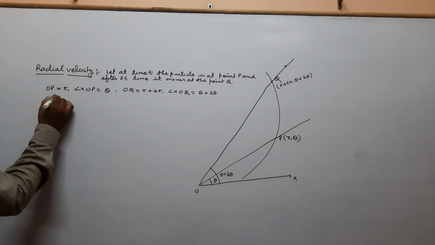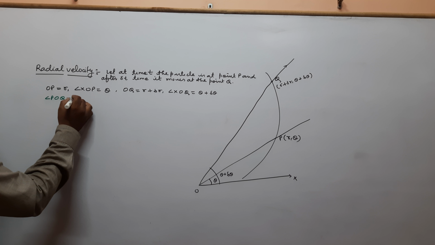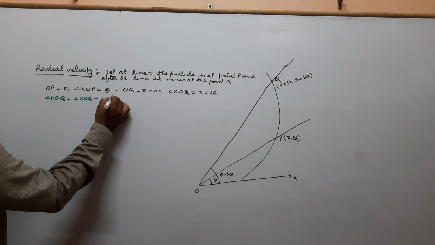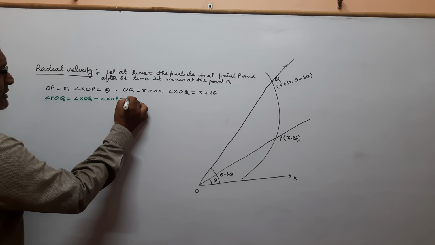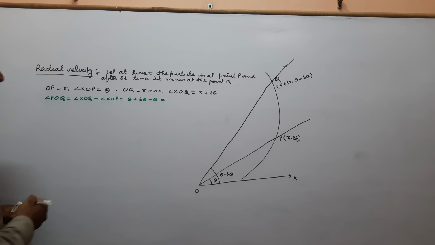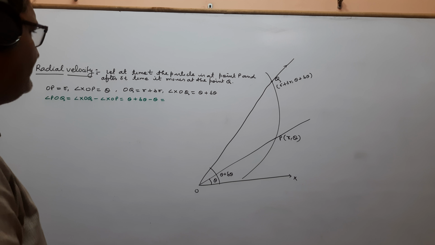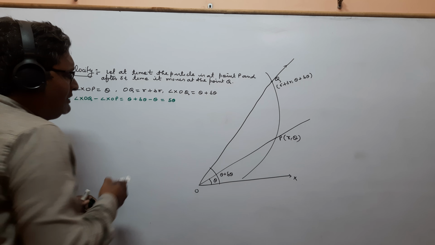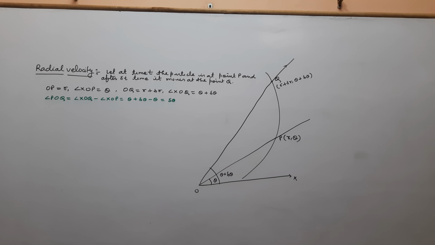So angle POQ is equal to angle XOQ minus angle XOP, which is equal to theta plus del theta minus theta. So this theta is cancelled out, and this is equal to del theta.